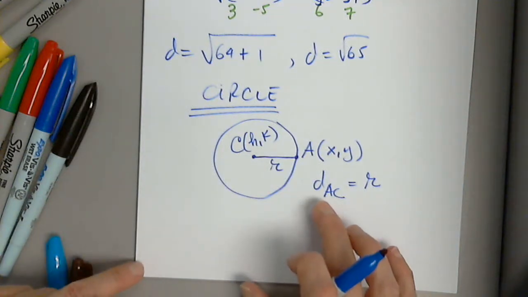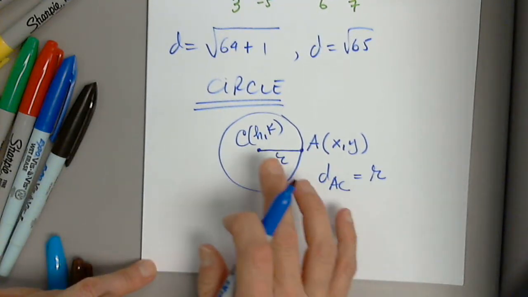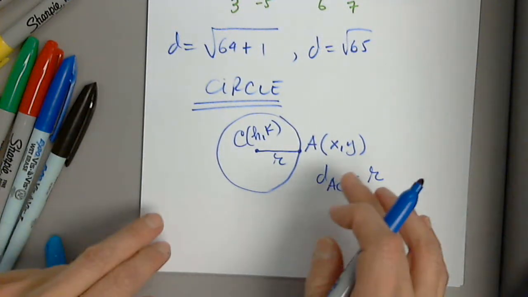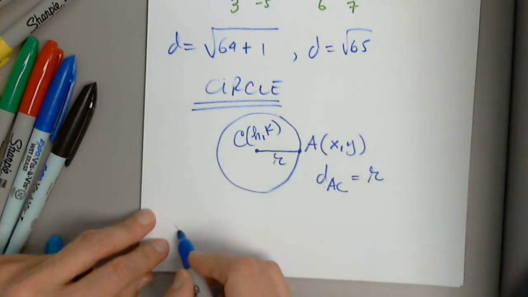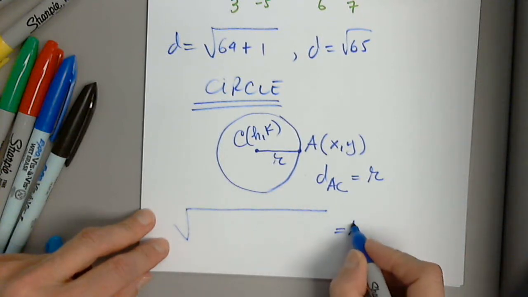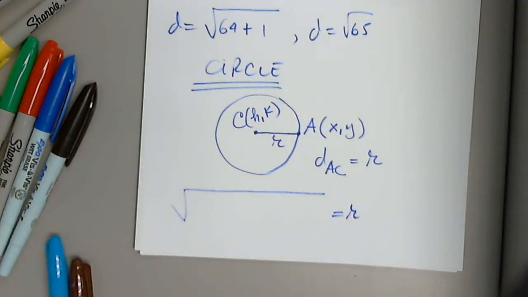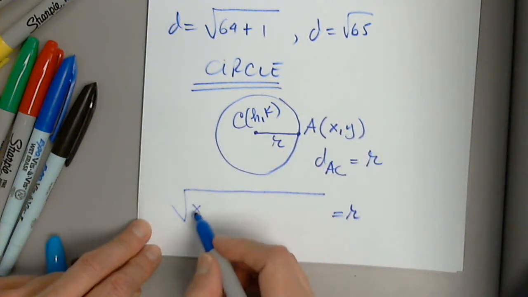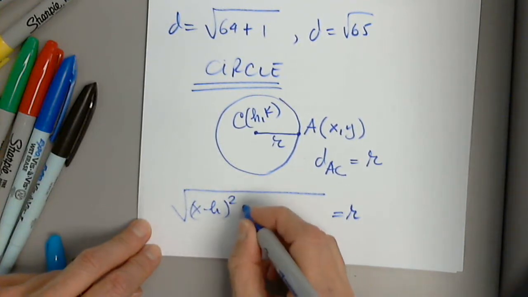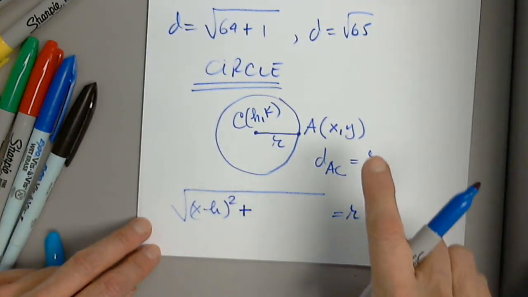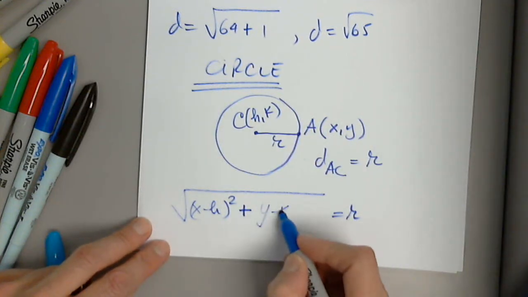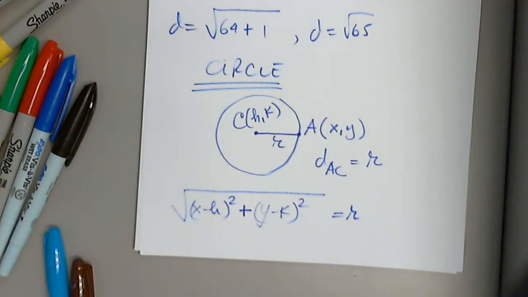Good. So now I would like you on the left-hand side to use the distance formula and write the distance AC. Very good. x2 minus x1, which is x minus h, everything squared, plus, awesome, y minus k, everything squared equals.